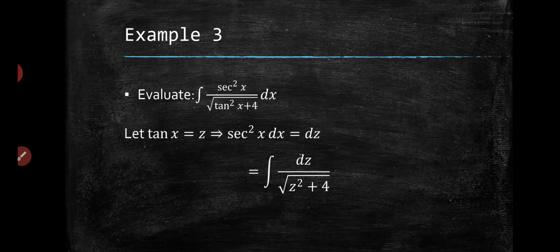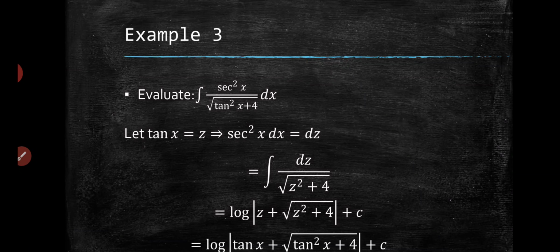Now this is in the form dx by under root x square plus a square, where a is 2, 2 square is 4, so this is log of mod of z plus under root z square plus 4 plus c, but z is tan x, so we put tan x in place of z, and this is our final answer.